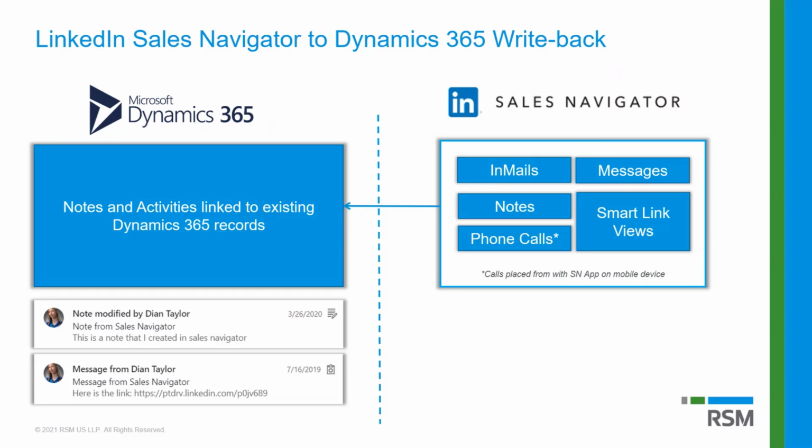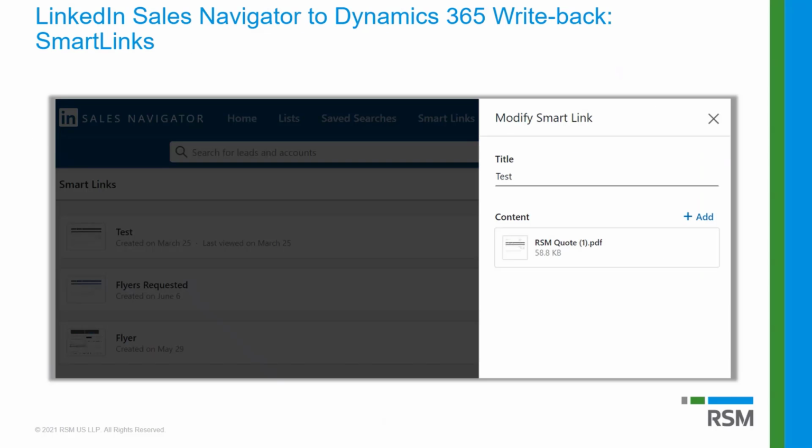So you can call somebody by using the app, and then when that call ends, you're going to see a phone call pop up asking if you want to save the phone call. And then again, you will see that slider whether or not you want to save it to Dynamics 365 as well.